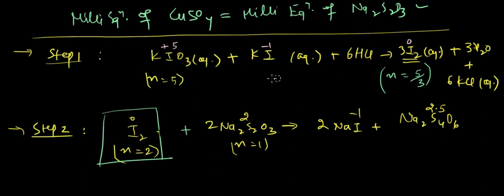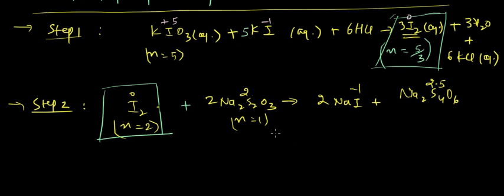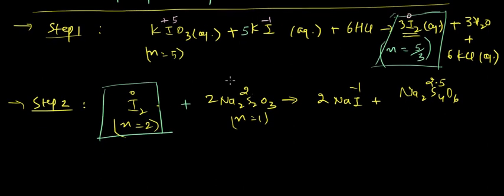Obviously it would also be 5 because there are 5 moles of electrons involved in this reaction. The balanced equation has a 5 here. I forgot to write the 5, which I am writing now. So the n factor here would be 5, and for I2 it would be 5/3.